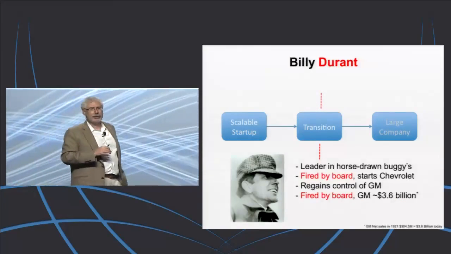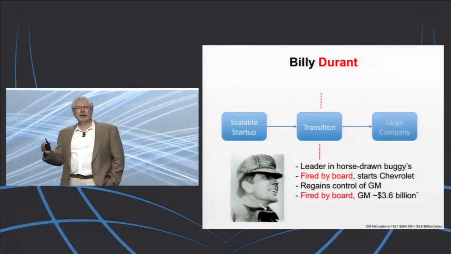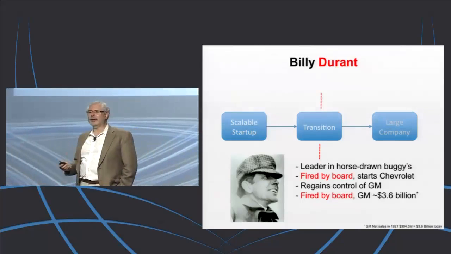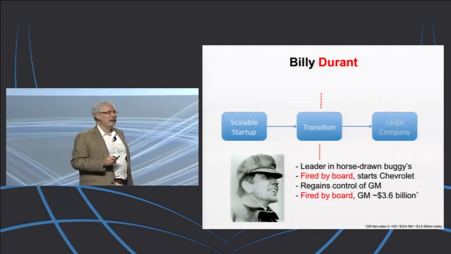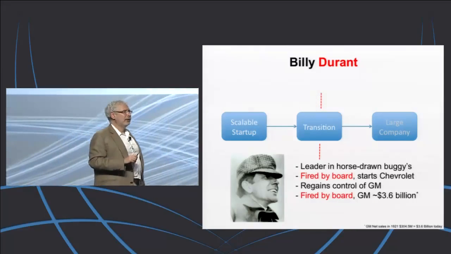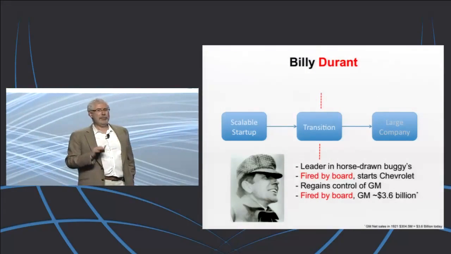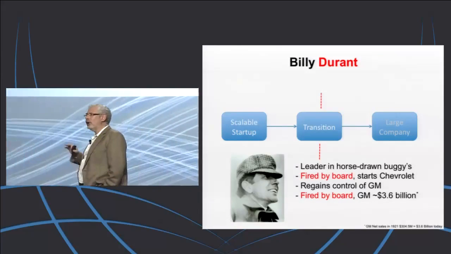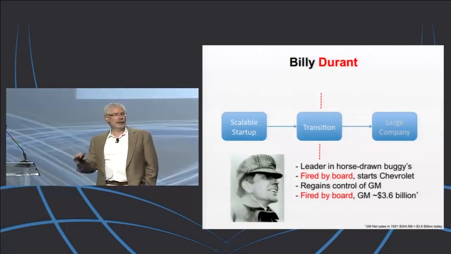And Billy builds this company until one day his investors get tired of his crazy antics, and they fire him in 1910. And being a great founder, he dusts himself off and builds another company called Chevrolet. He builds Chevrolet into something bigger than General Motors, uses all the stock, buys up GM, and fires the board of directors.